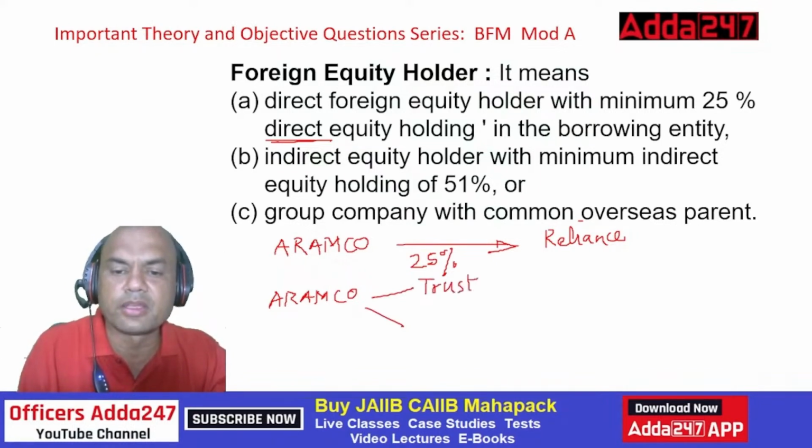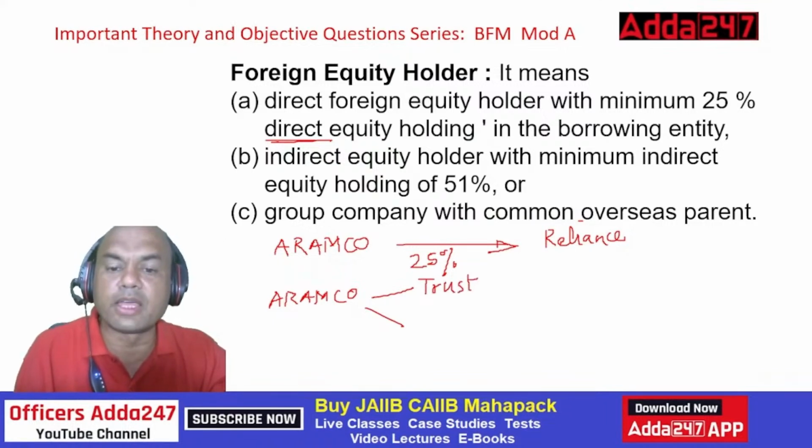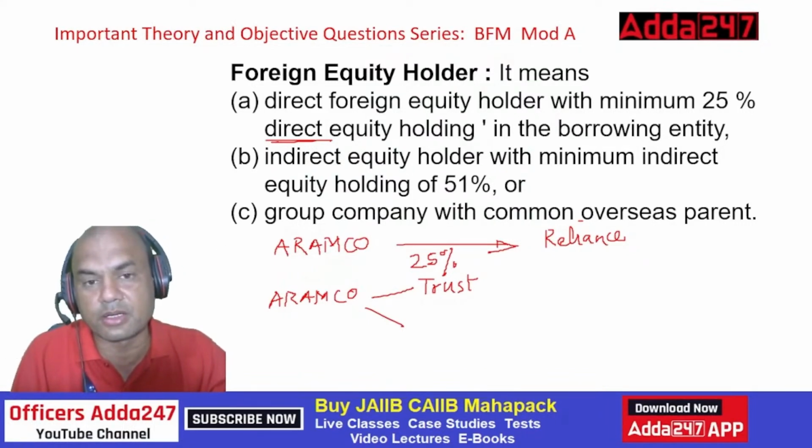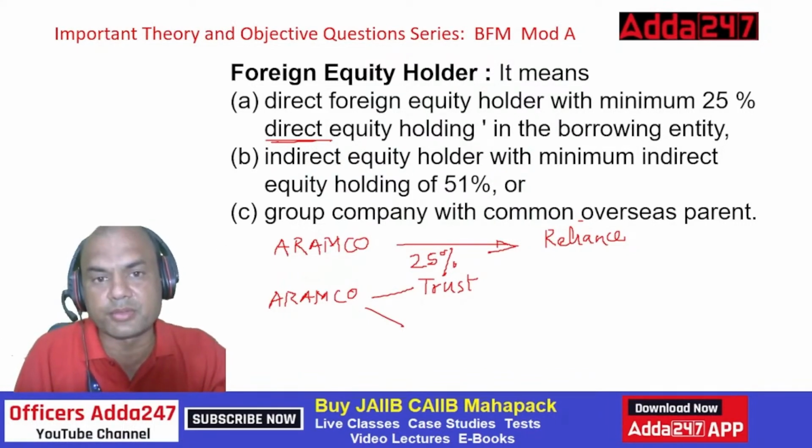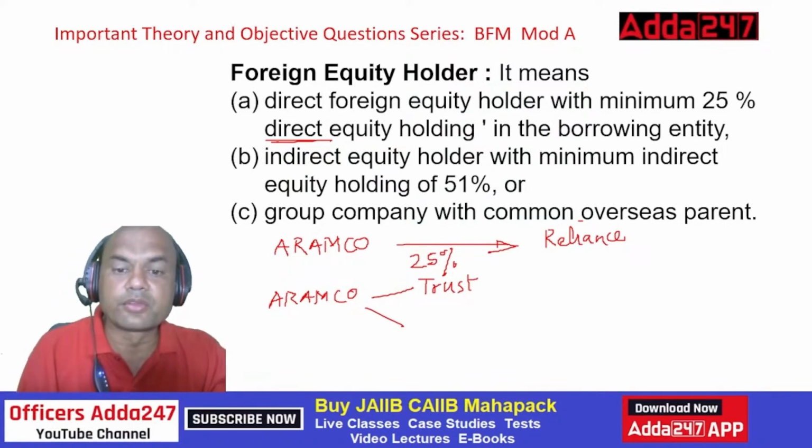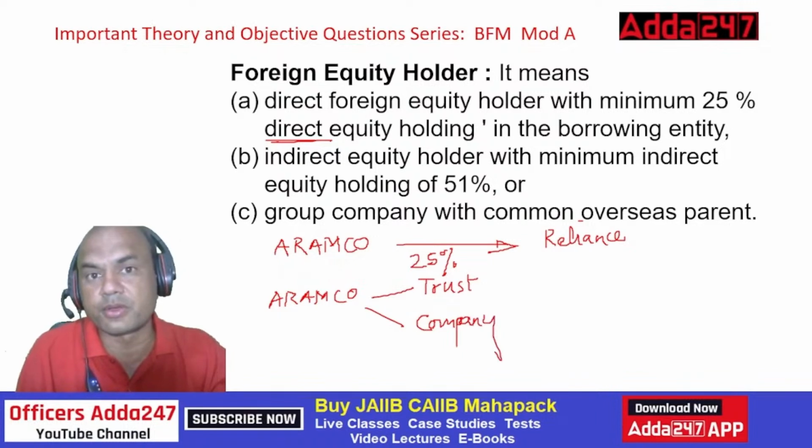Number two, it will have some other private company in which Aramco is a director or any shareholder. So it can have a separate company also. A company can be a director of any company also, or a shareholder of any company.